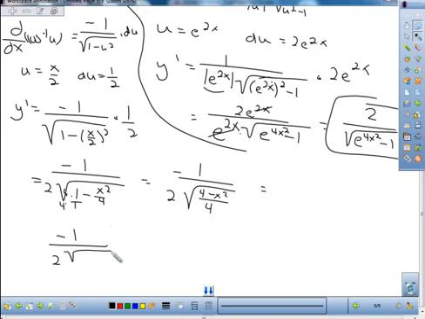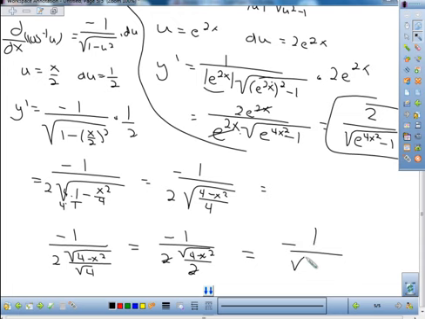So I can use the definition of square root and take the square root of the numerator and the square root of the denominator. And the square root of 4 is 2. So these will cancel. So I'm left with negative 1 over the square root of 4 minus x squared.